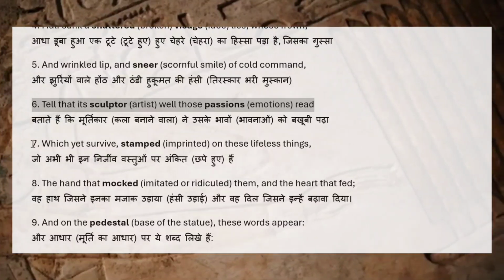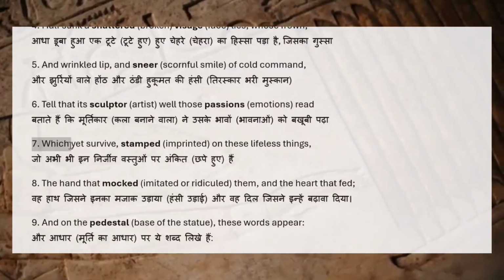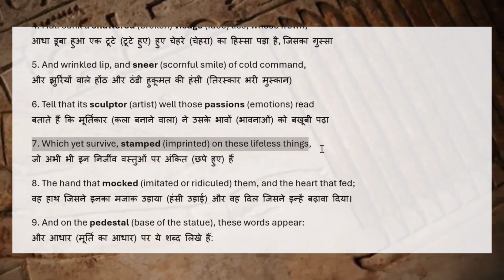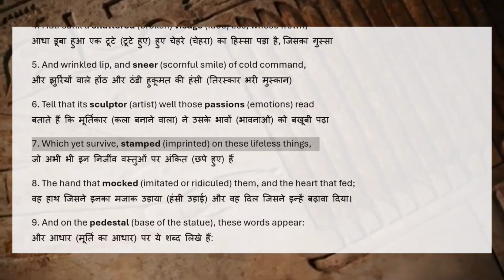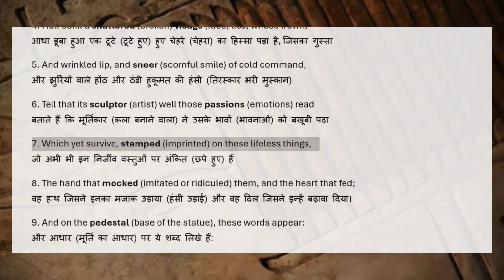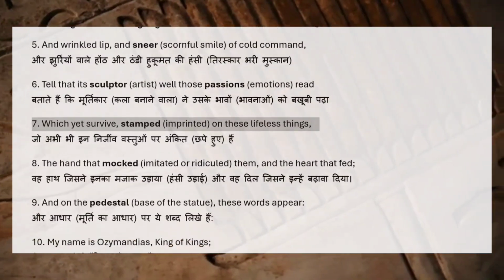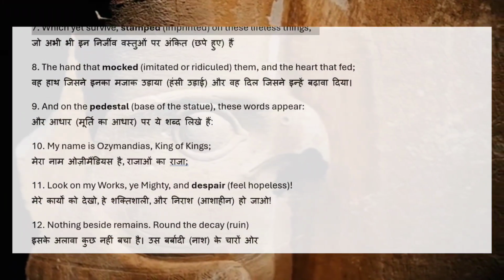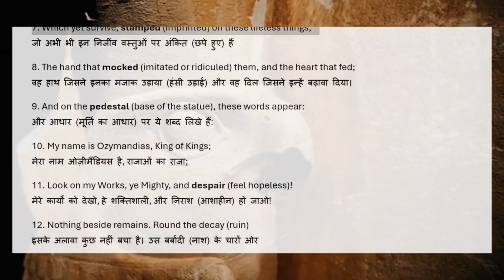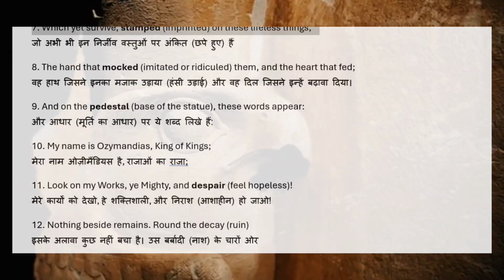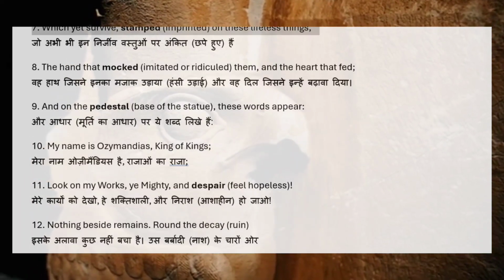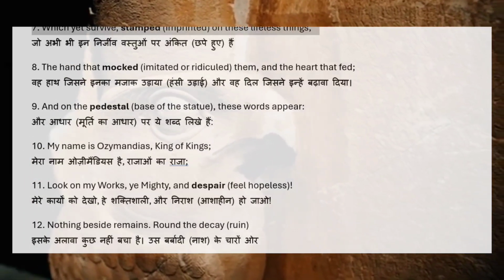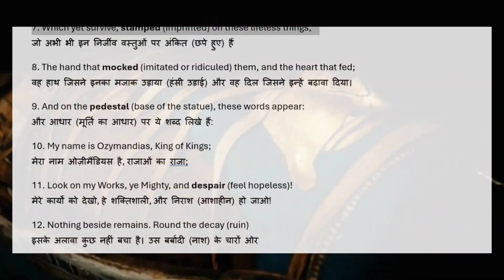Line number 7. Which yet survive, stamped on these lifeless things. These passions survive, or we can say remain, impressed upon the lifeless things, or we can say the statue. Although the statue itself is a lifeless object, the emotions and arrogance of the king have endured through time.